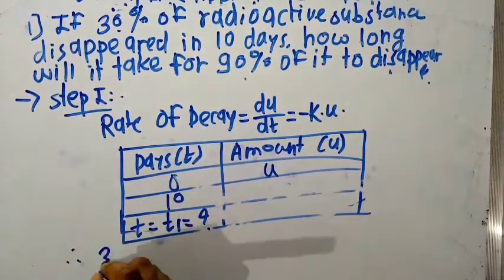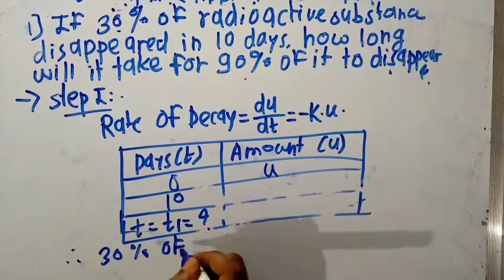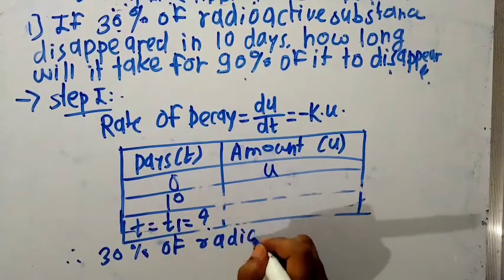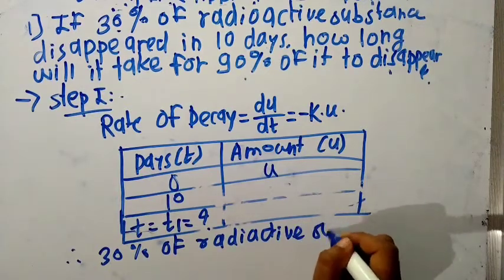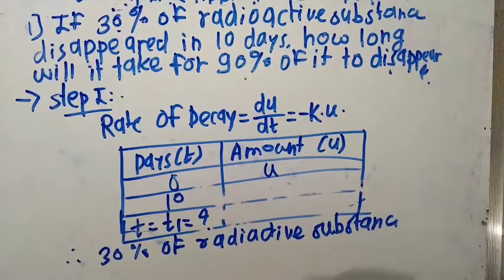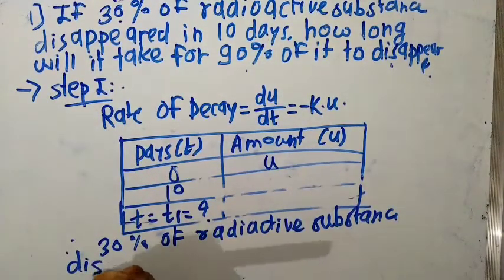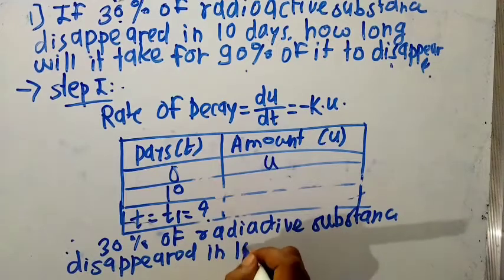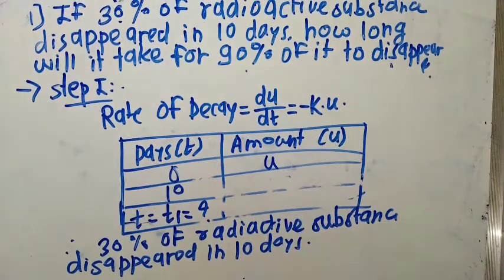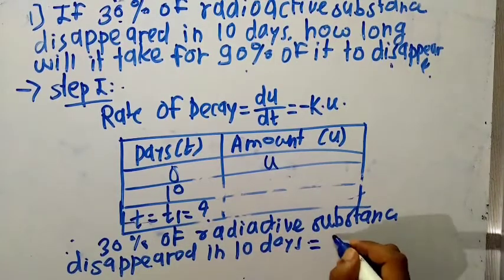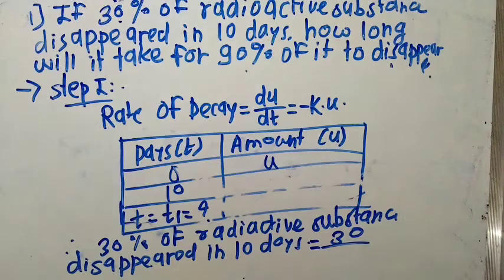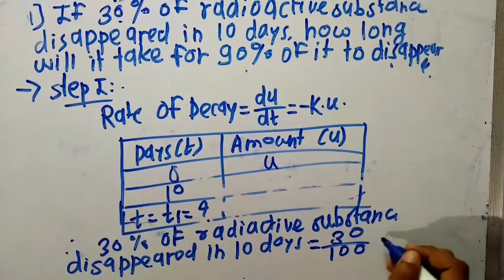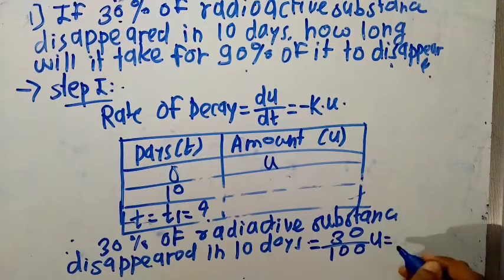Now here what is given: 30% of the radioactive substance disappeared in 10 days, means 30%. 30% means 30 upon 100 u, which is equal to 0.3 u.